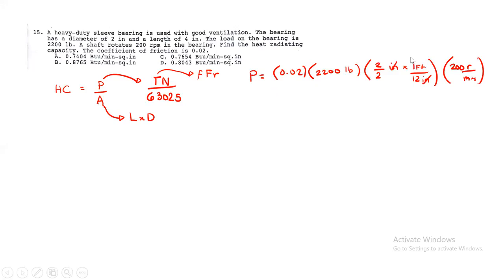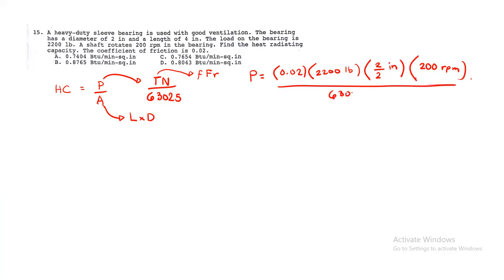Hindi, tama lang pala yung force natin, no? Ayun, torque, pounds-inch dapat yan. Wag na pala natin i-convert. Okay lang pala yung pounds-inch. Then times yung 200 RPM, divided by 63,025.